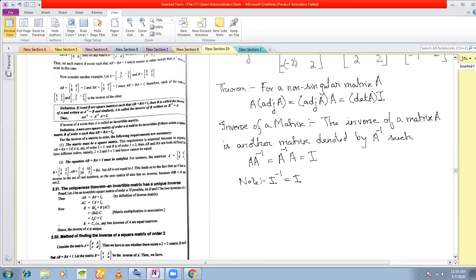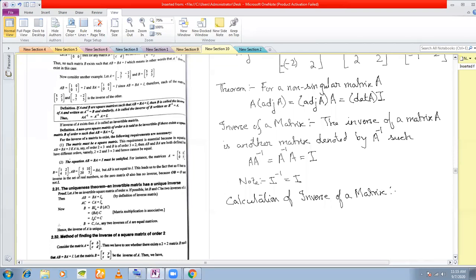Next is how to find out the calculation of inverse. Calculation of inverse of a matrix.